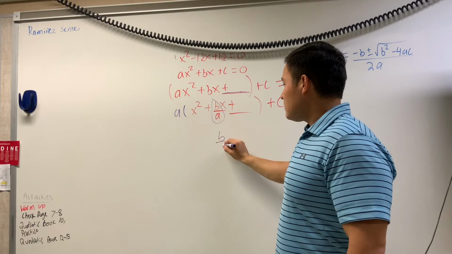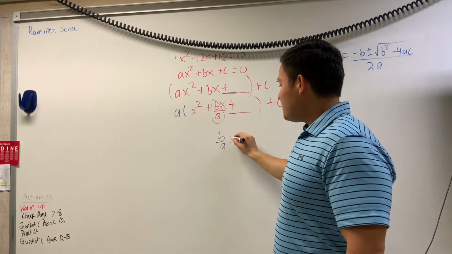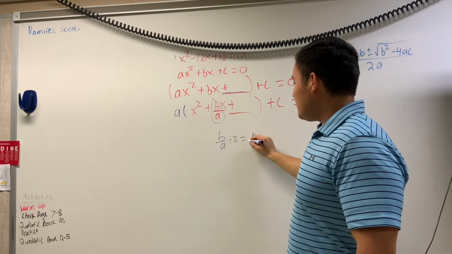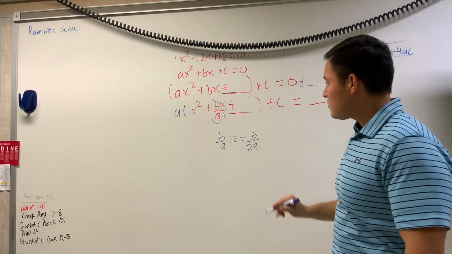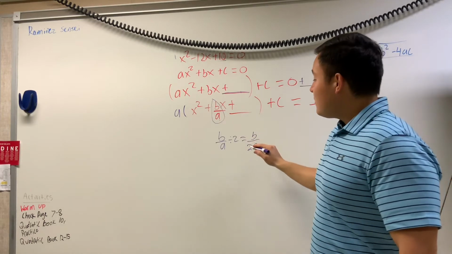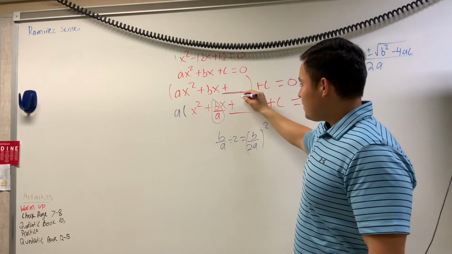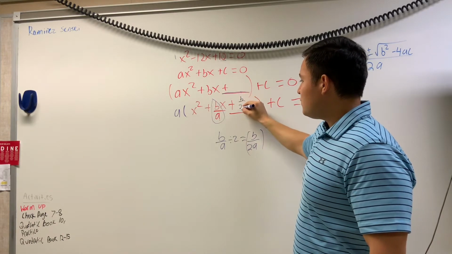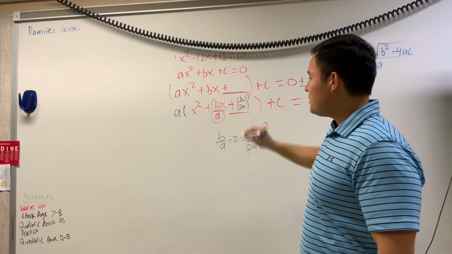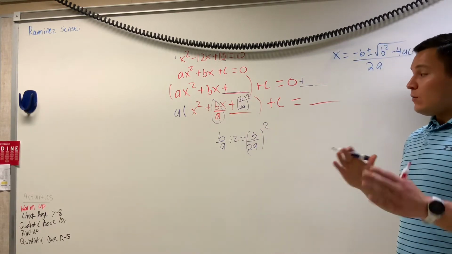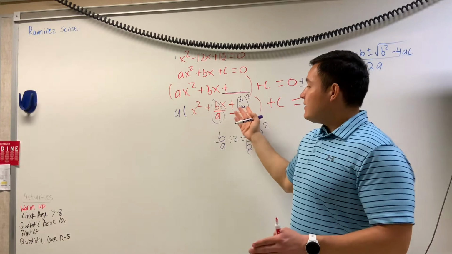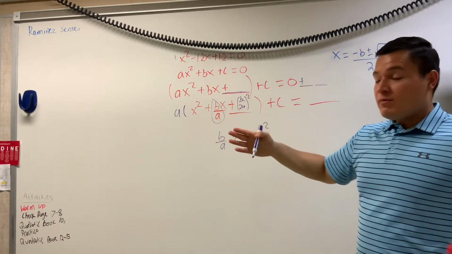B over a, divided by 2, is the same thing as b over 2a. And then, once we get this b over 2a, we're going to square that and put it right here: b over 2a squared.